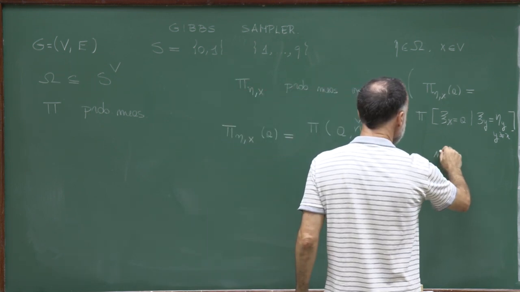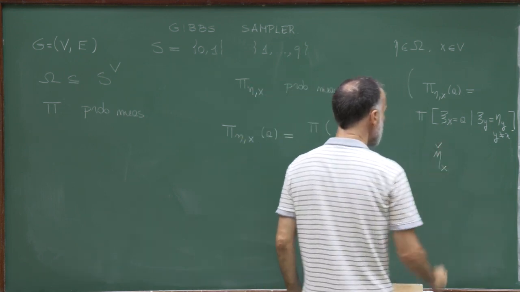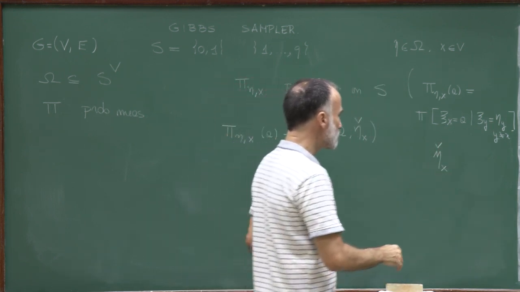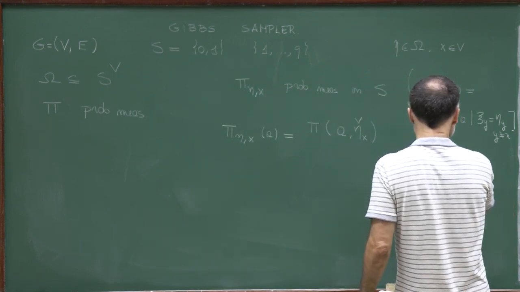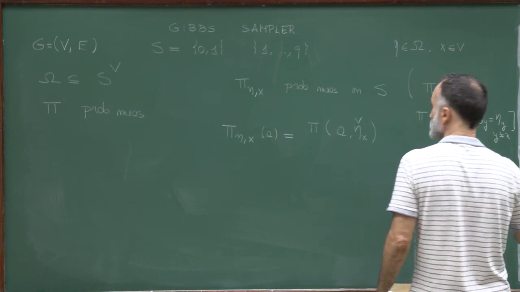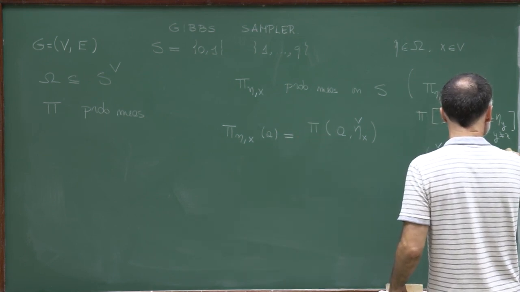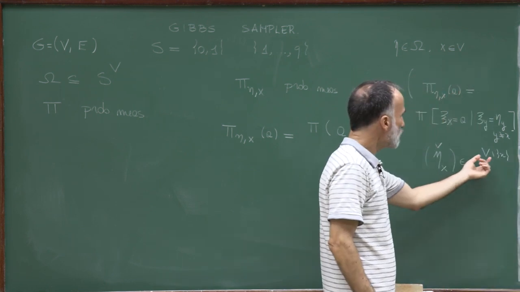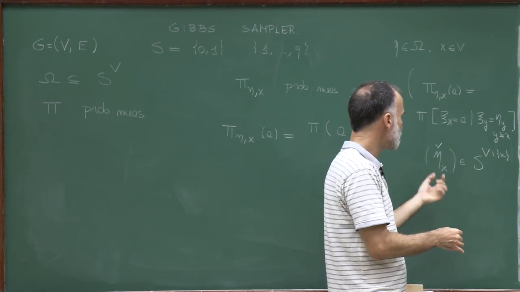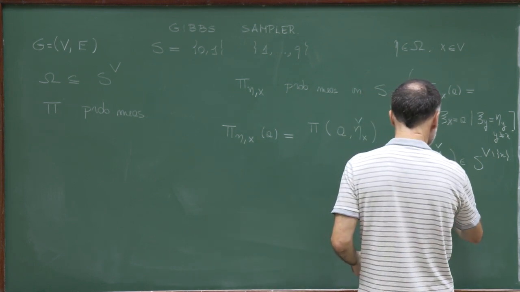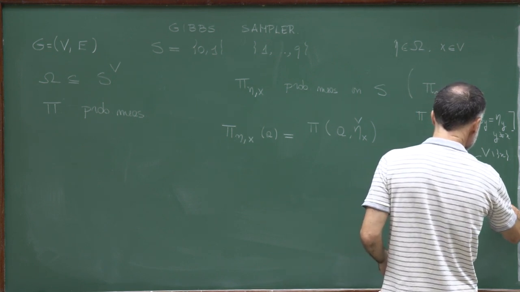So let's say that if you have a configuration eta and a point x, eta check x is the configuration defined as an element of S to the V minus x. So I'm removing from the set of vertices the point x, and this configuration at site y is equal to eta y for y different from x.